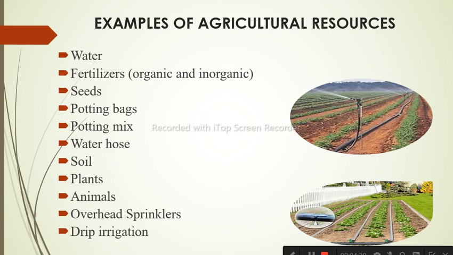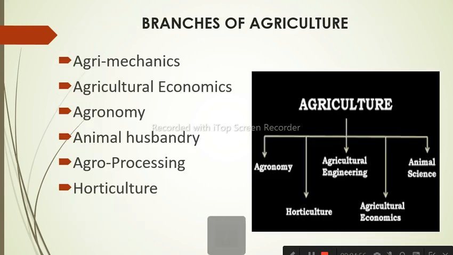We also have seeds, and we have different types of seed: fruit seeds, vegetable seeds, potting bags, potting mix, water hose, soil, plants, animals, overhead sprinklers, and drip irrigation. And these are just a few of the agricultural resources used on a day-to-day basis.